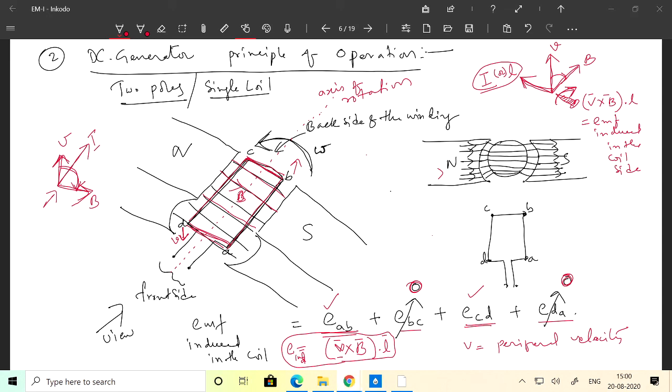This is the direction of the EMF or current. This side will be positive and this side negative. Similarly, for coil side CD, the coil is moving downwards.